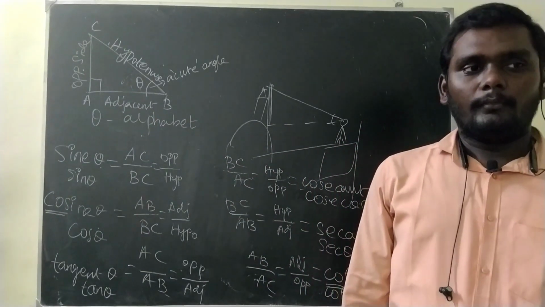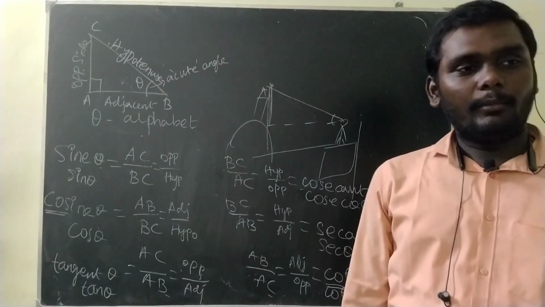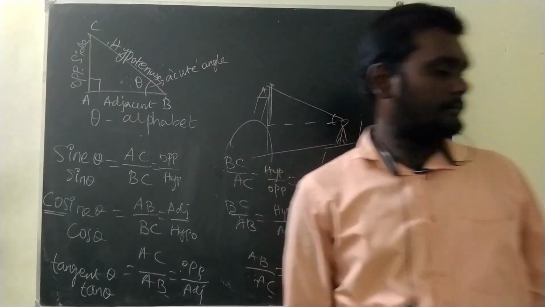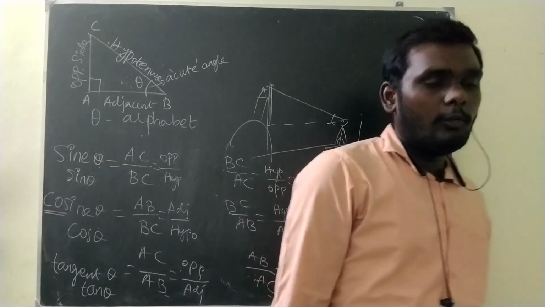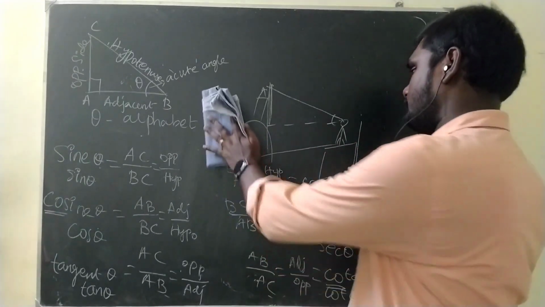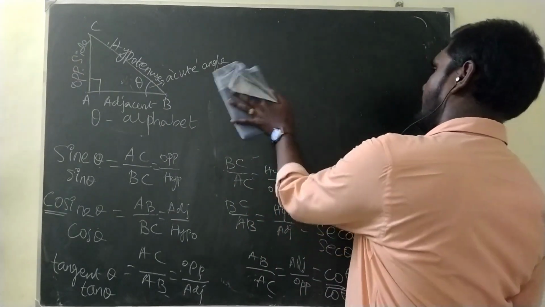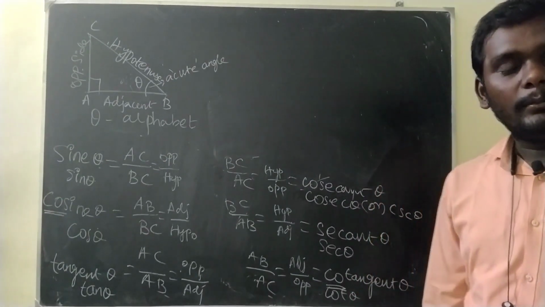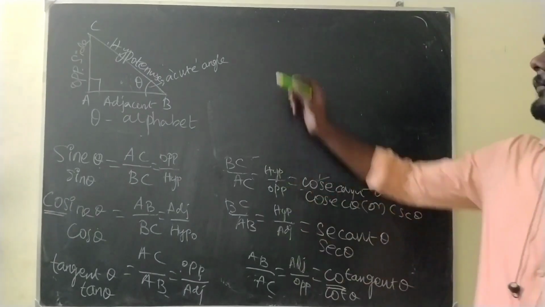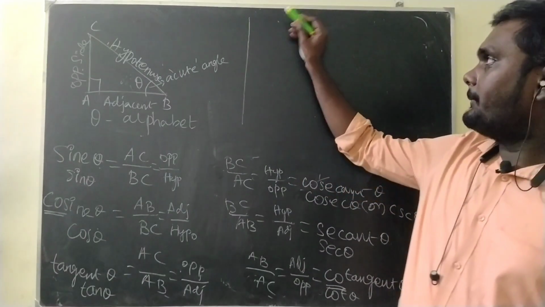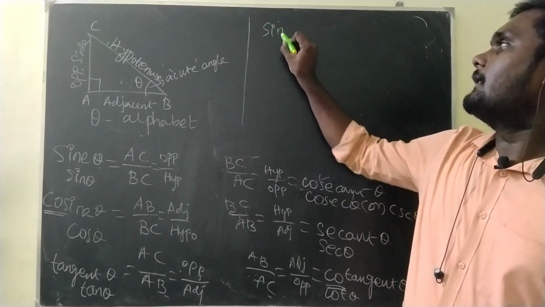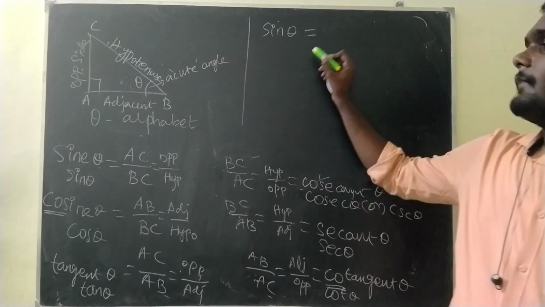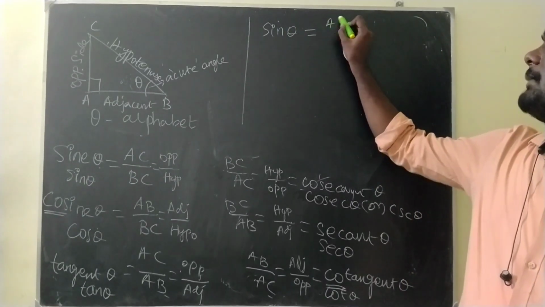Now we are going to learn about the reciprocal relationship. Who is reciprocal of whom? You see, this sin theta is AC by BC, right?